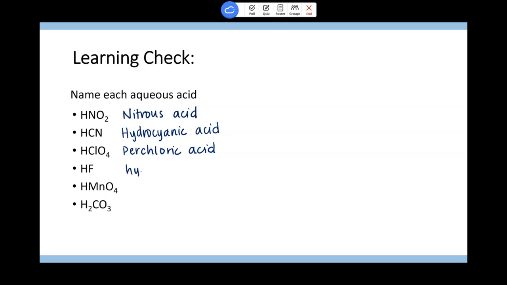So hydrofluoric acid. Next, we have hydrogen with a permanganate anion. Permanganate becomes permanganic acid.